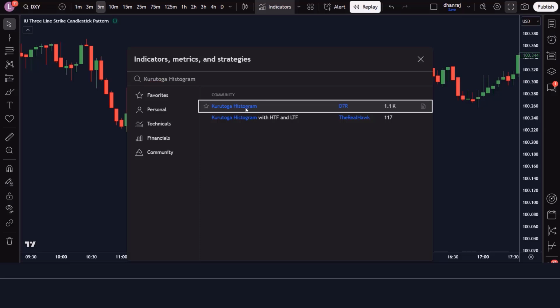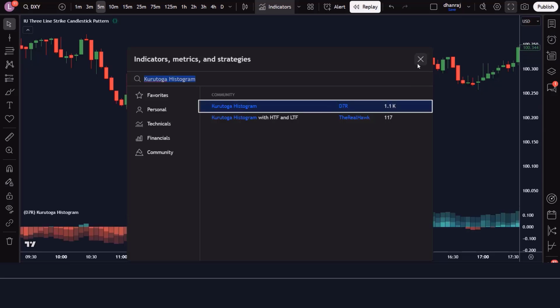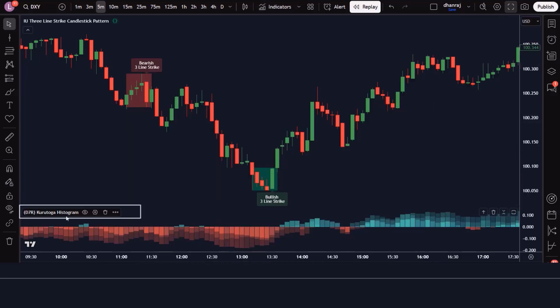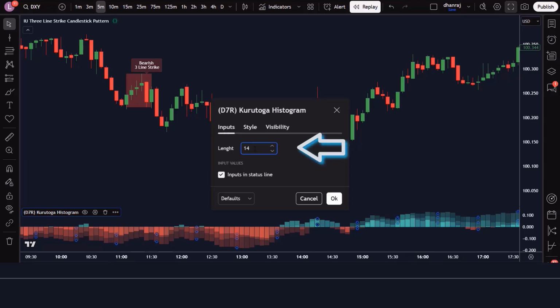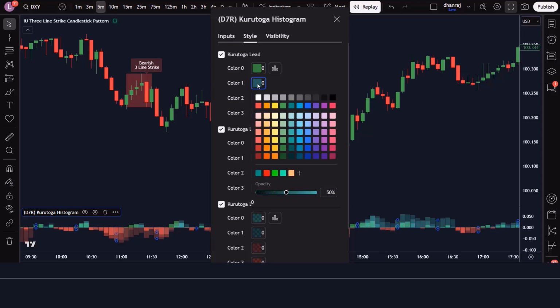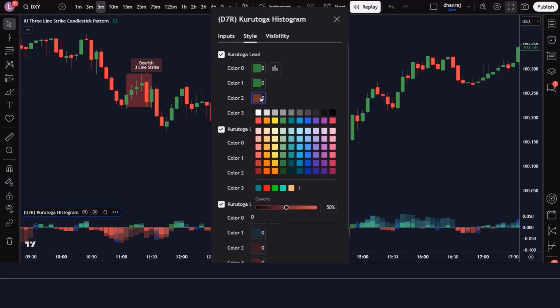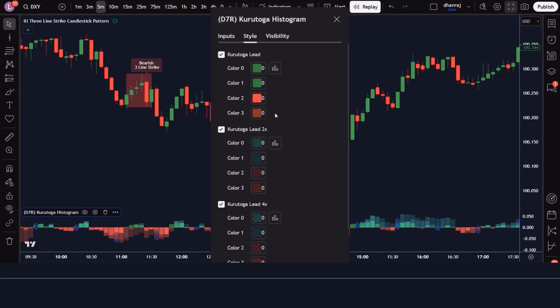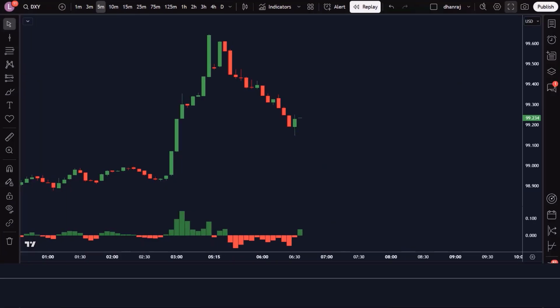After that we have to click on the Kuratoga histogram option, in which we have to change some settings. We have to change this length option from 14 to 3. Increase the opacity of green color. Increase the opacity of red color. We have to keep this option hidden. Now our setup is ready.